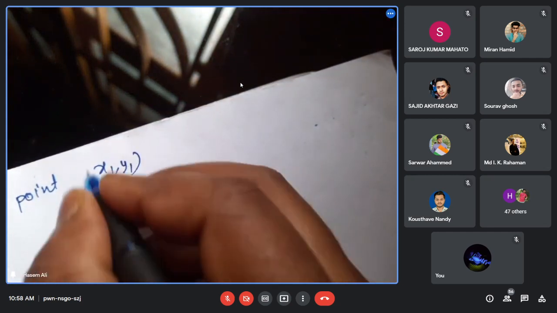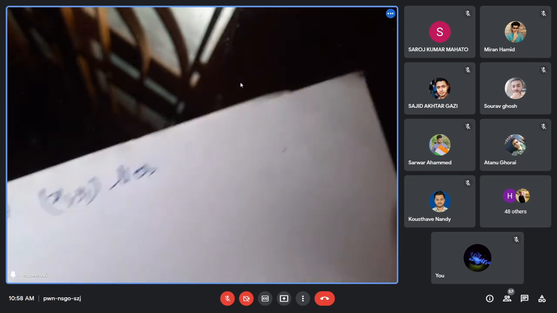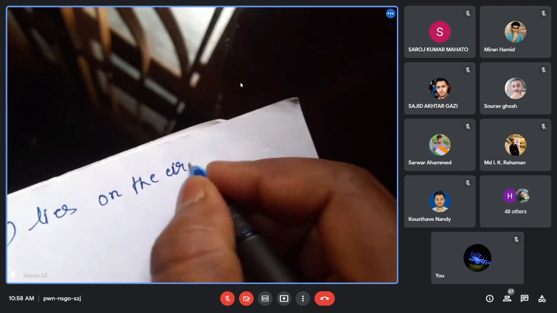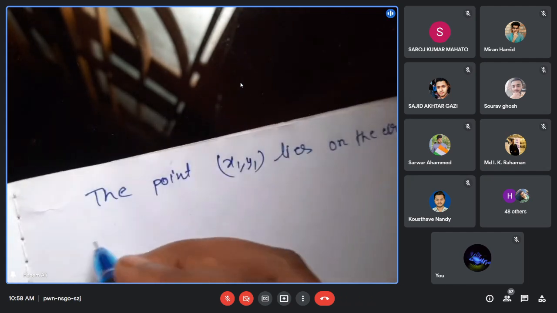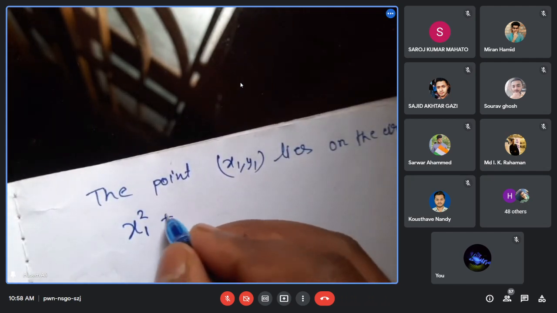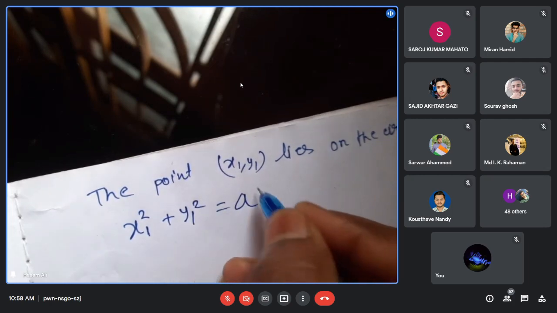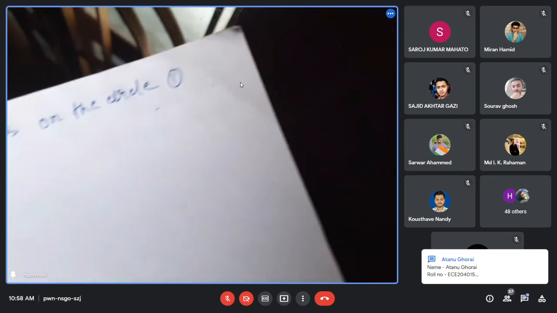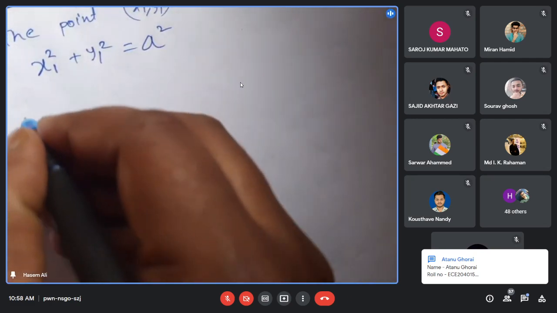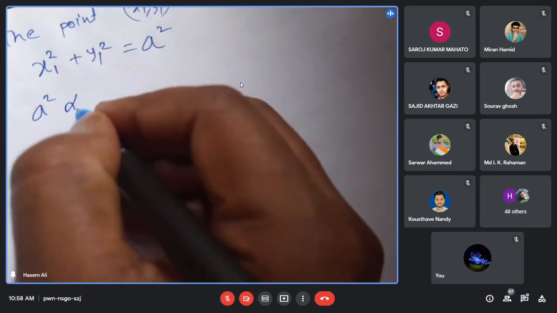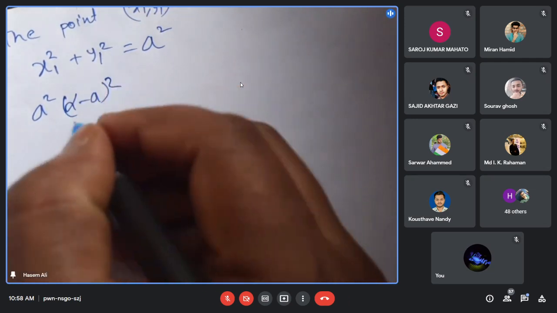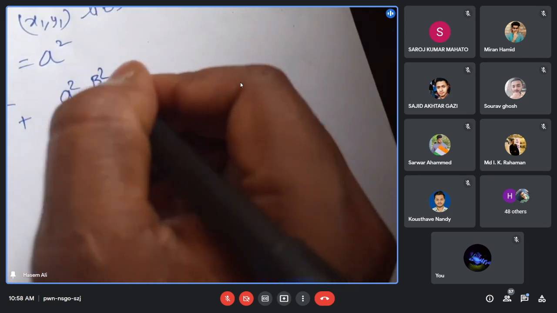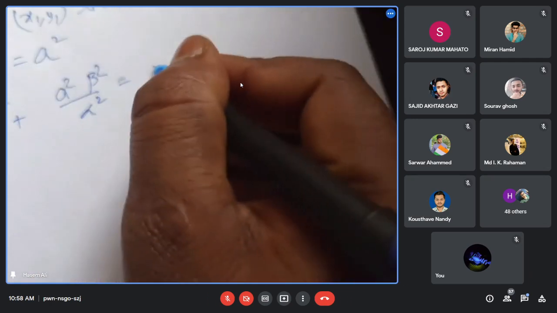Therefore, we have x1 square plus y1 square equals a square. Just put the values. So we have a square into alpha minus a whole square by alpha square plus a square beta square by alpha square equals a square.